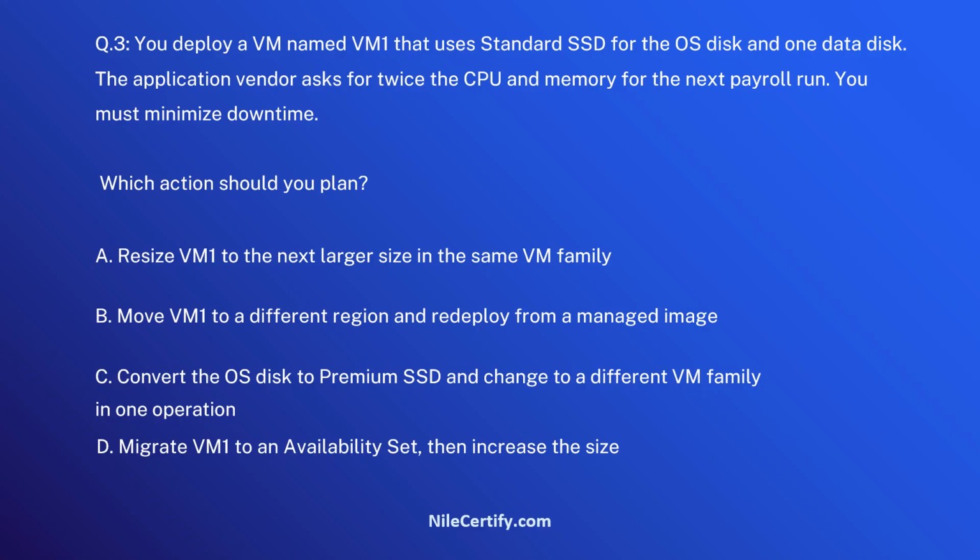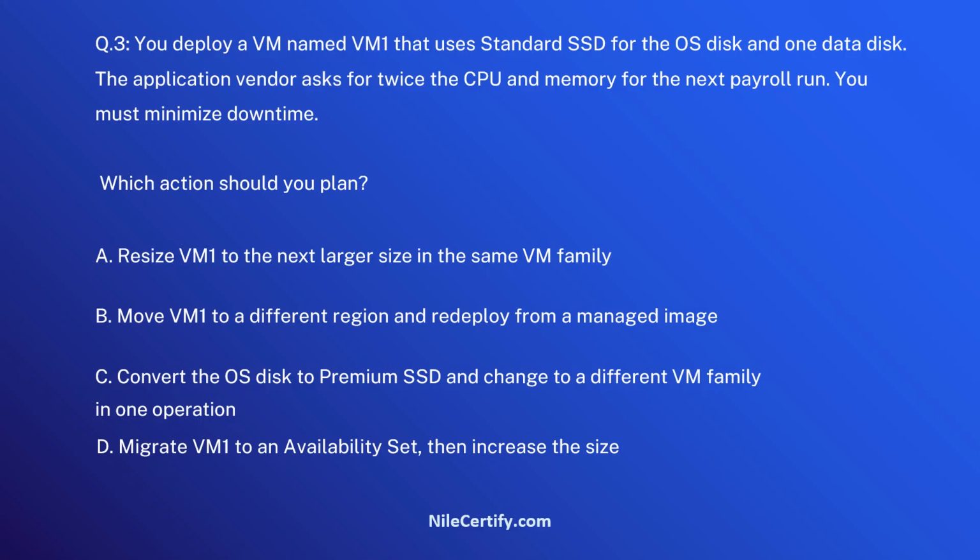Option A, resize VM1 to the next larger size in the same VM family. Staying in the same family usually gives you a straight scale-up path. If the target size is available on the current cluster, Azure can sometimes resize your VM without full deallocation, which is great. But most resizes will require a quick stop and start cycle.